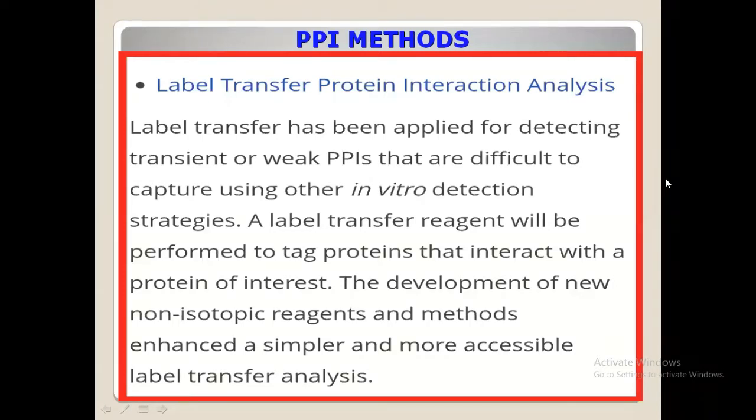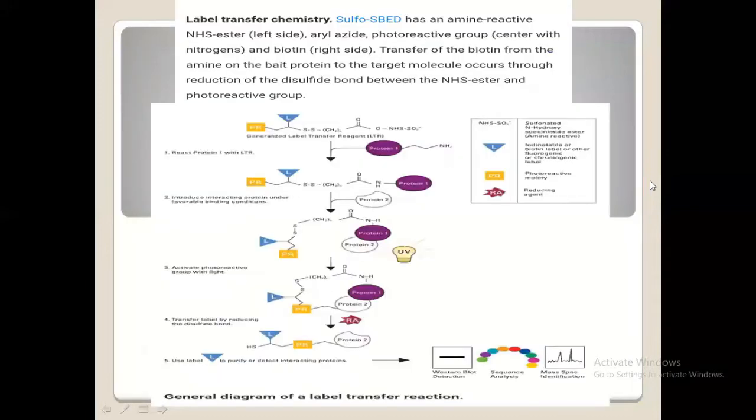Here you are using a label transfer reagent to tag the proteins that interact with a protein of interest. The development of new non-isotopic reagents and methods has enabled a simpler and more accessible label transfer analysis. Here you can see the label transfer method. The picture shows you how to do this label transfer method.